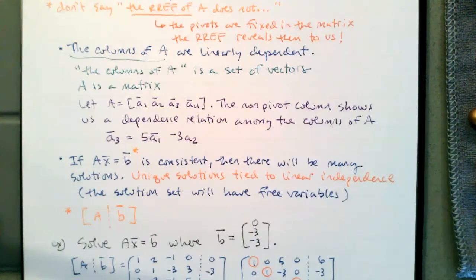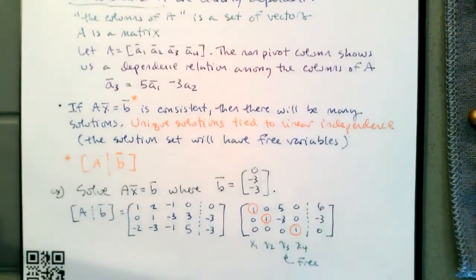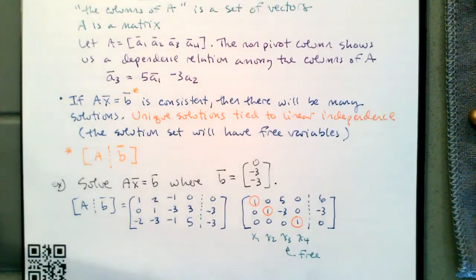If we have a matrix that has a pivot in every column, then the columns of that matrix are linearly independent. And if the equation is consistent, there will be a unique solution. So here was a choice of B, and we ended up with a consistent equation with many solutions.